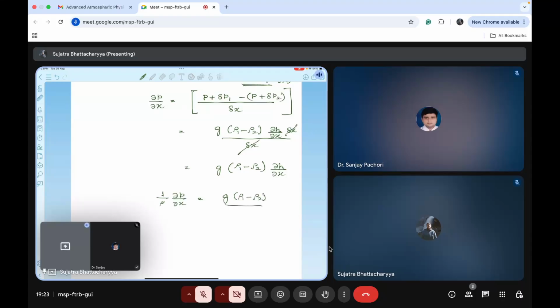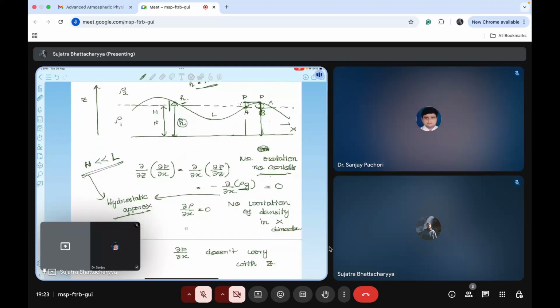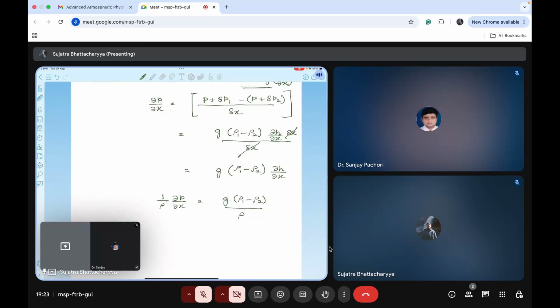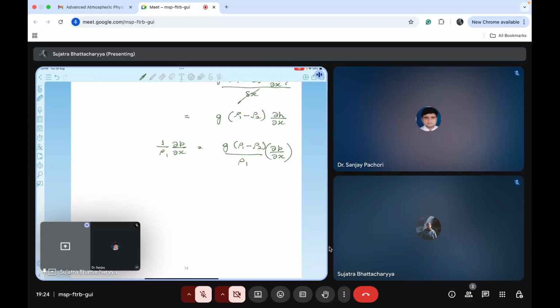I will take the density which is at the lower end, so it will be rho 1 delta P delta X. Alright, this is what you get.